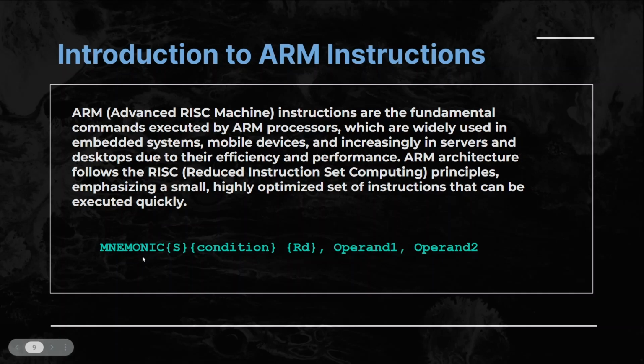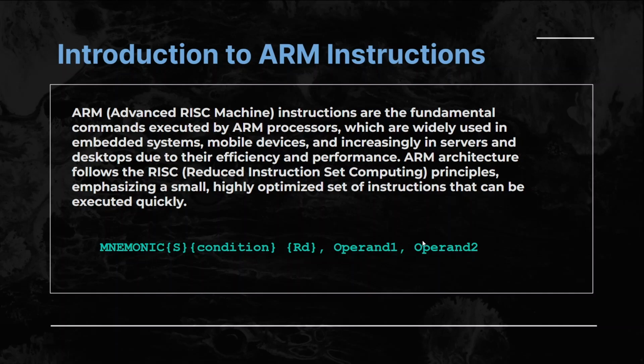First the mnemonic, then the optional suffix, and then a condition that needs to be met in order for the instruction to be executed. The condition and the optional suffix are not necessary to include. Next we have the destination register that is used for storing the result. Then we have operand 1 and operand 2. These operands can either be a register or immediate values.